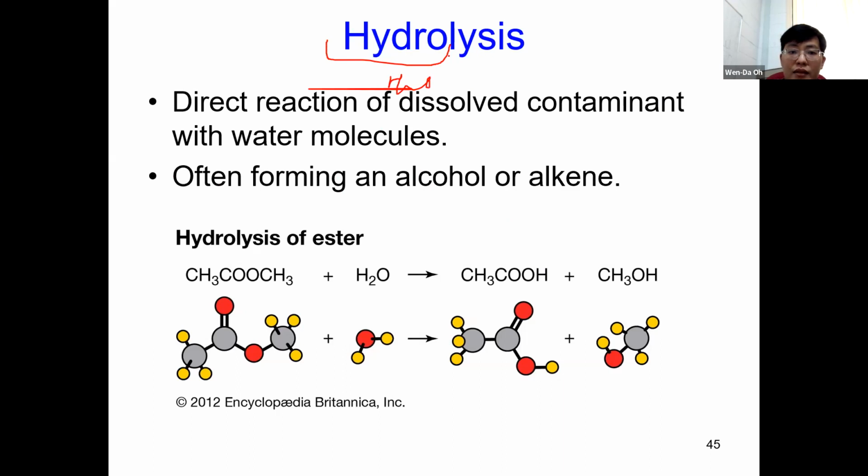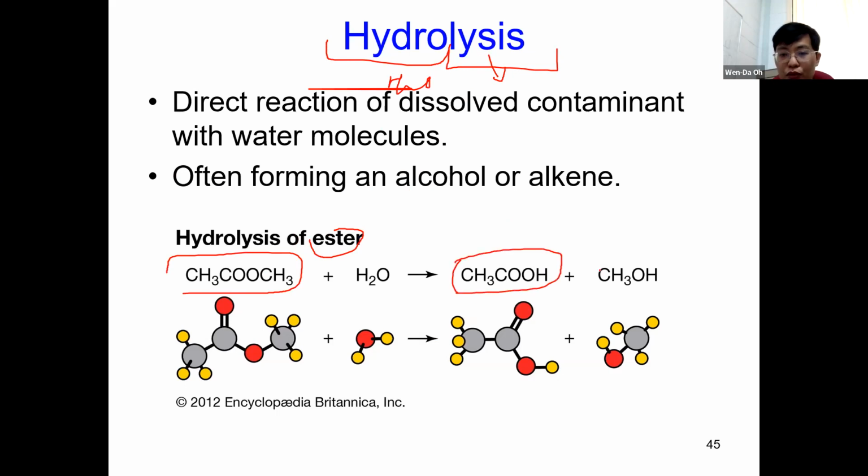Okay, lysis means that it is decomposition. That means it's the breakdown, right? So hydrolysis can happen in mostly organic molecules like esters, right? So your ester can actually be hydrolyzed by water to produce carboxylic acid and also alcohol. This is just an example of a hydrolysis reaction.